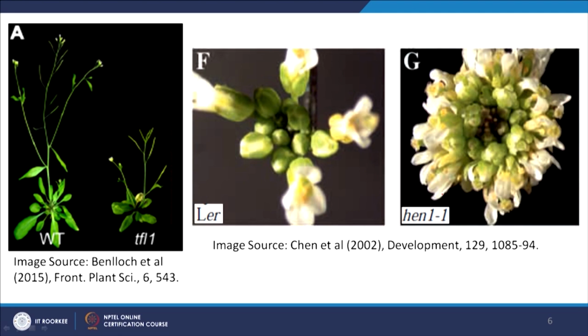This is the top view of the Arabidopsis inflorescence. In this inflorescence you have a certain number of flowers and these flowers are determinate in nature, but in the mutant background you can see that the number of flowers and organs are increased, which means that they are not being terminated when they are supposed to be. This is a case of loss of determinacy.